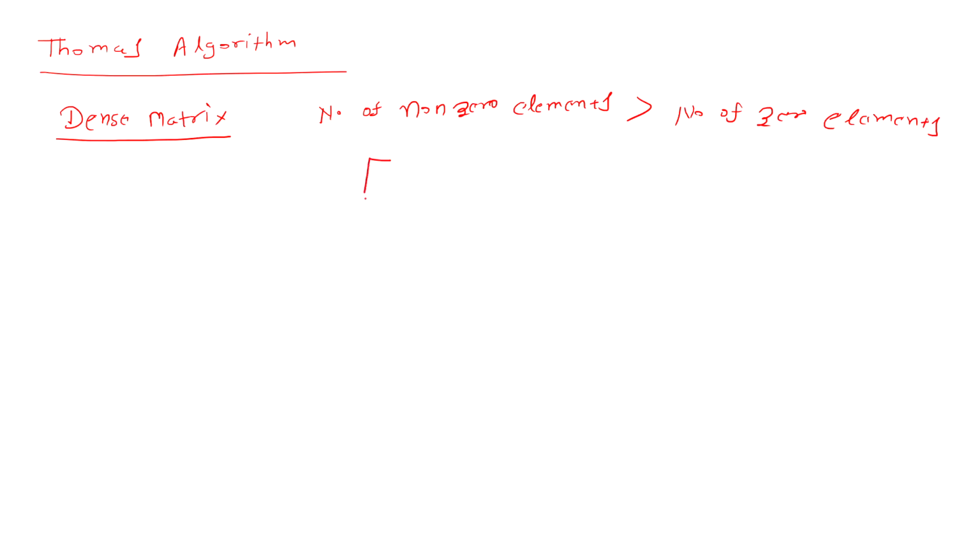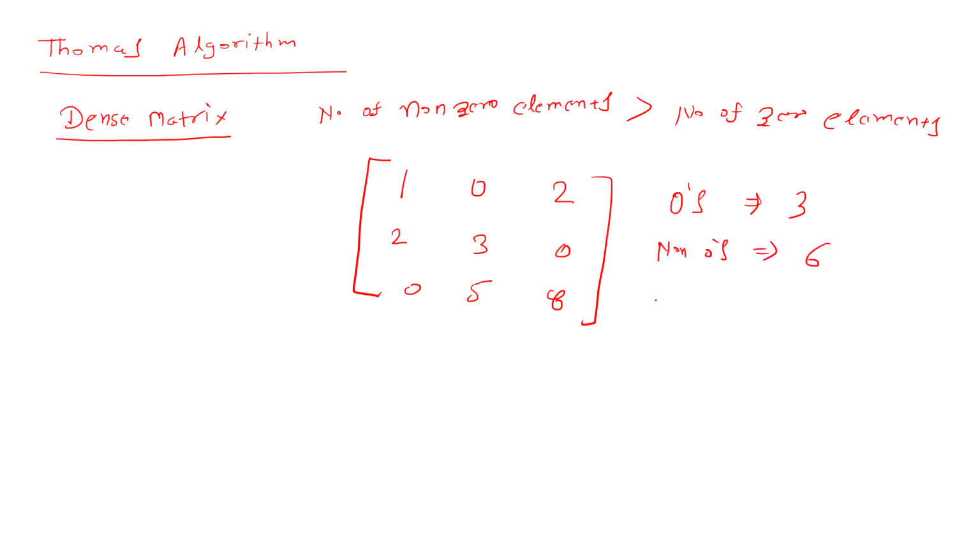That means, let us say if this is the matrix 1 0 2, 2 3 0, 5 0 8. So in this matrix we have three zeros and six non-zeros. That means this matrix is dense matrix since the number of non-zero elements are greater than the number of zero elements.